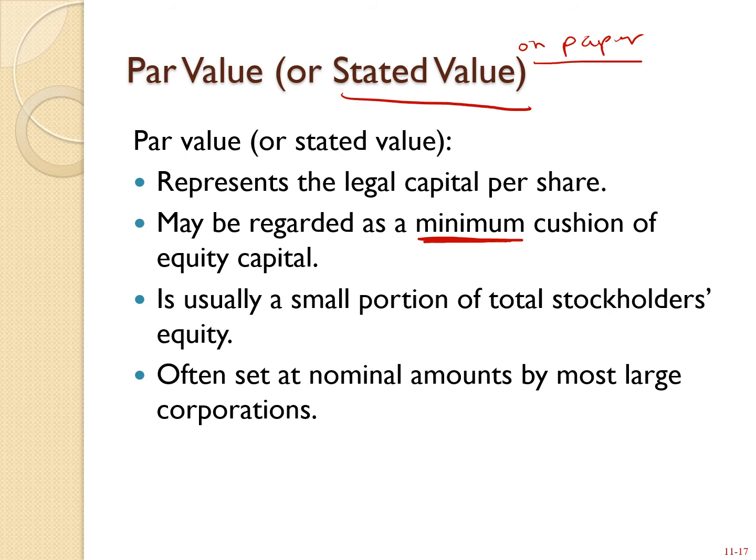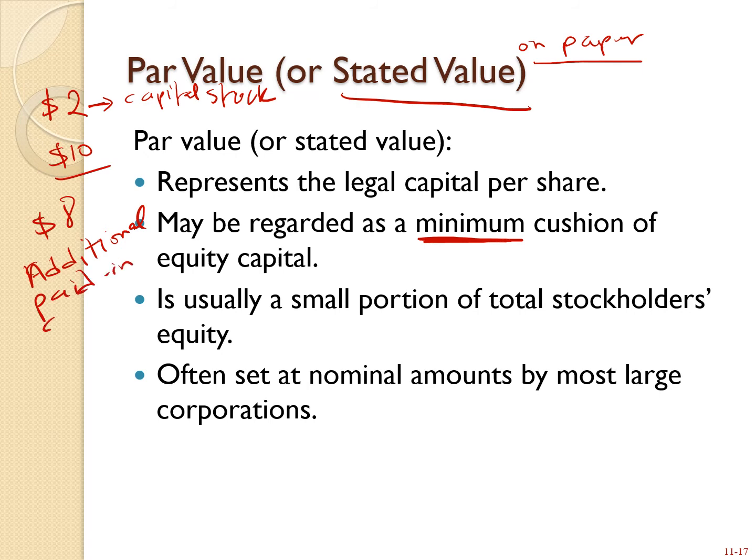So you might have a par value of $2, still you issue your stock at $10. So this is called capital stock, which is based on the par value, and the difference, which is the $8, is called additional paid in capital. So capital stock is based on the par, additional paid in capital is anything above par.